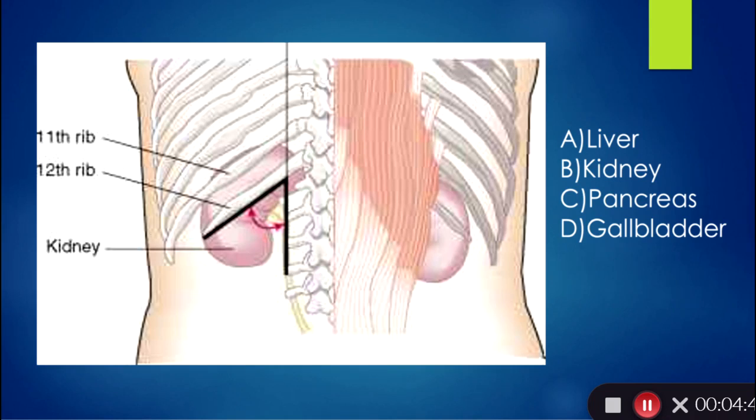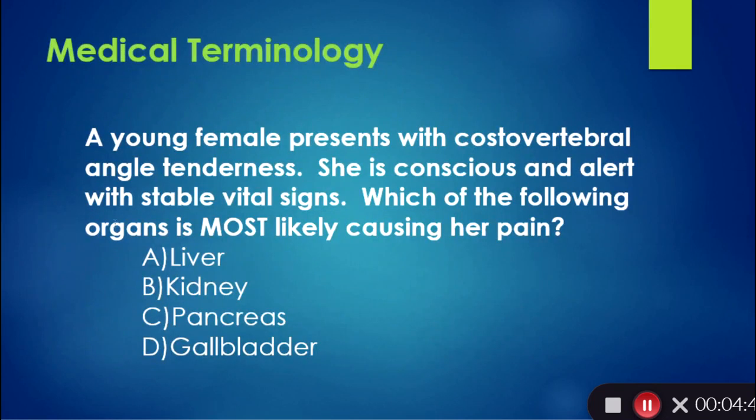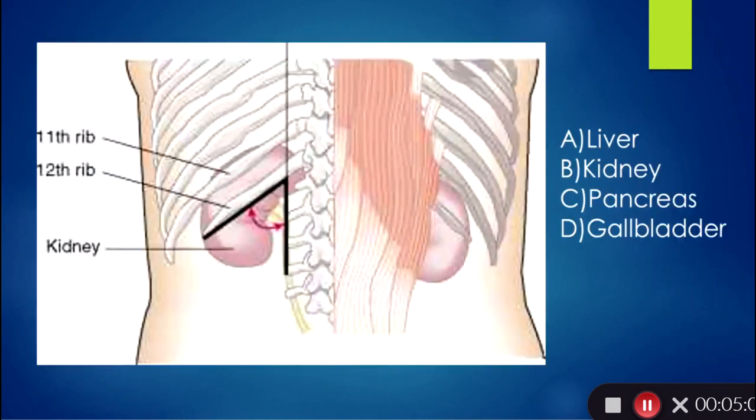So if I go back to the question, kidney is an answer, but let's make sure that's the best answer. Is my liver in that angle? The answer to that is my liver sits more in the front, more up in here.